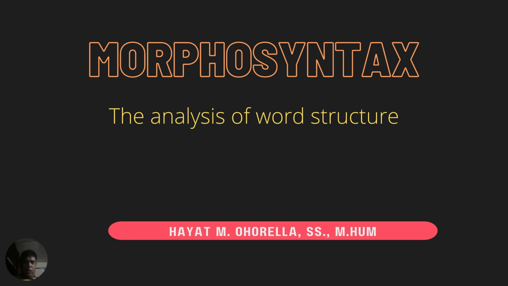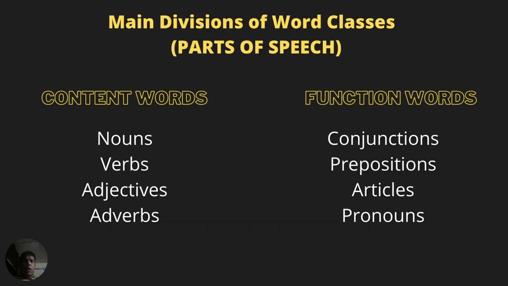Before we study syntax, firstly we have to be concerned with words as the core of discussion in morphology. Actually, there are some divisions of word classes that people sometimes call parts of speech.